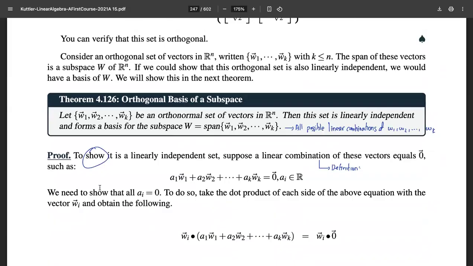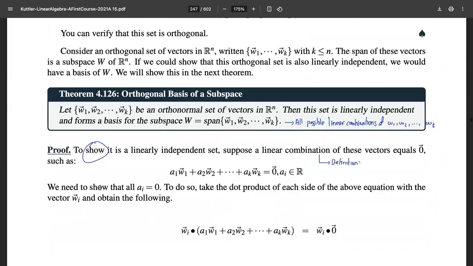So the important thing is that orthonormal sets are linearly independent and they form a basis for the span of the same set. So they form a basis for all linear combinations of the set.